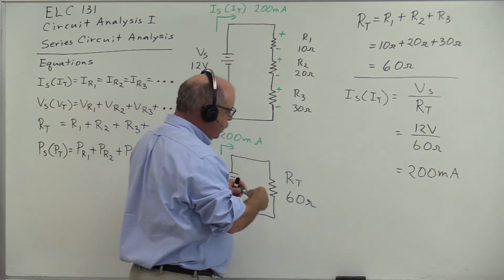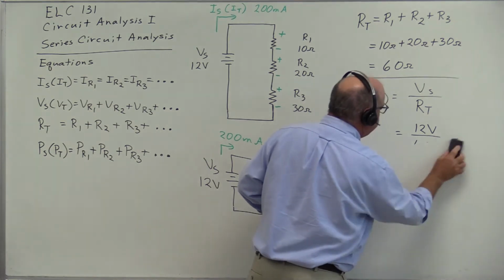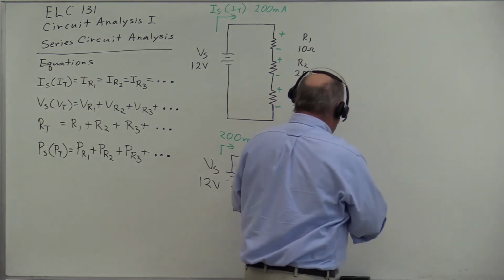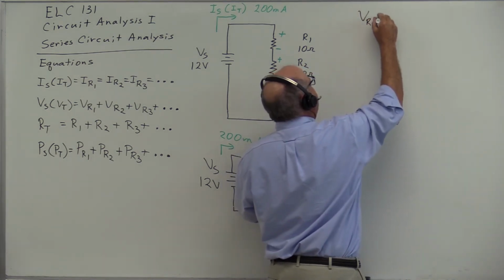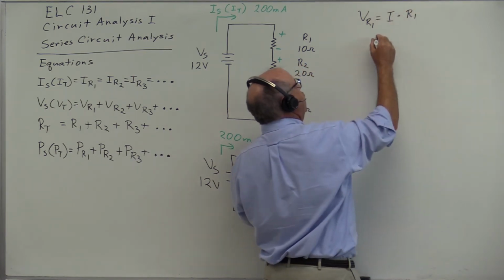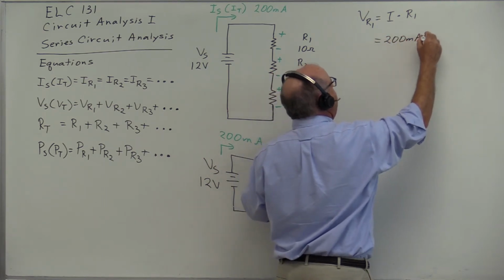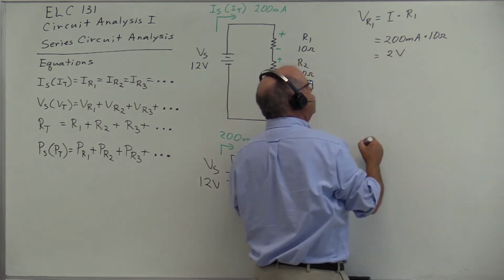Now that we have found the source current, 200 milliamps, we can determine or calculate the individual voltage drops. So VR1 equals I times R1, again, Ohm's law, 200 milliamps times 10 ohms gives us 2 volts.